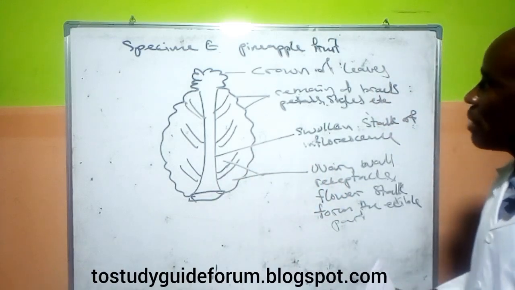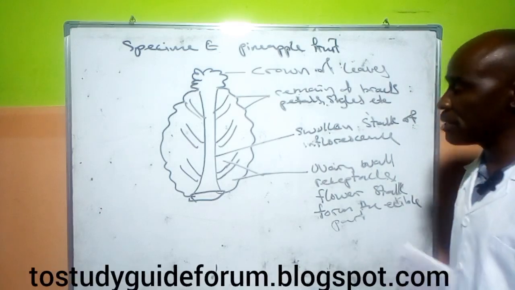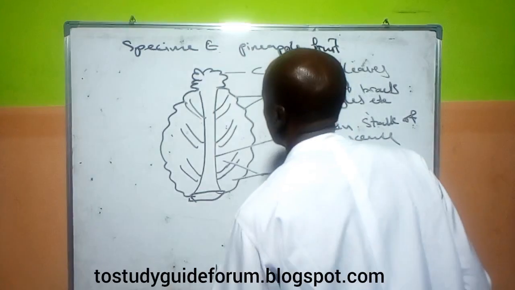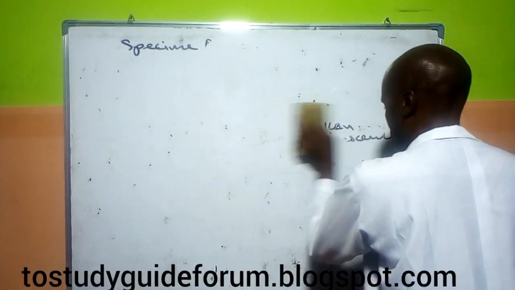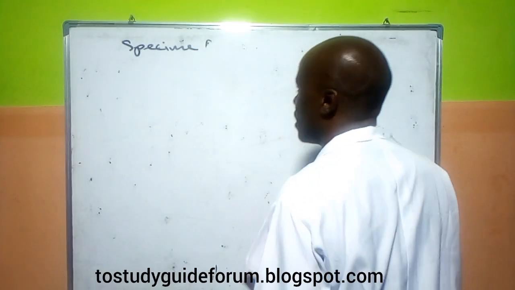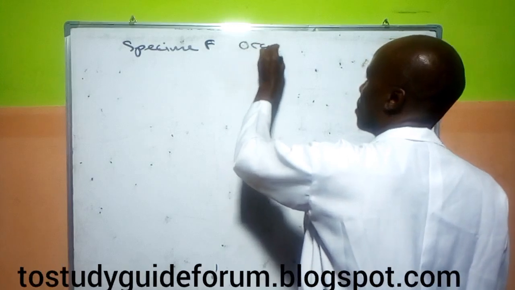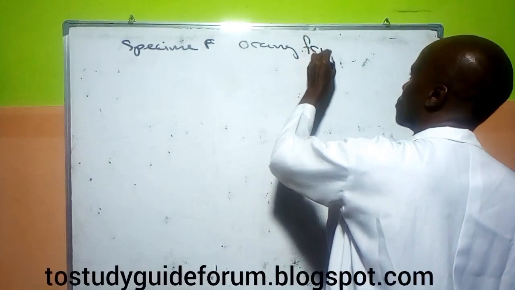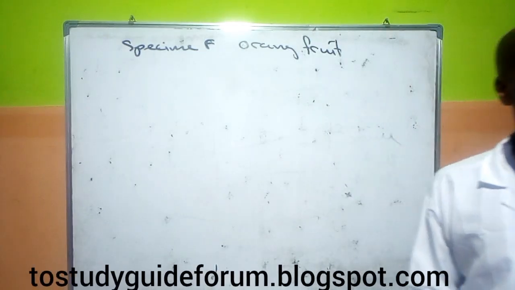So the next specimen we'll be going to look at here is specimen F. Specimen F, which is orange fruits. This orange fruit will be cut transversely.